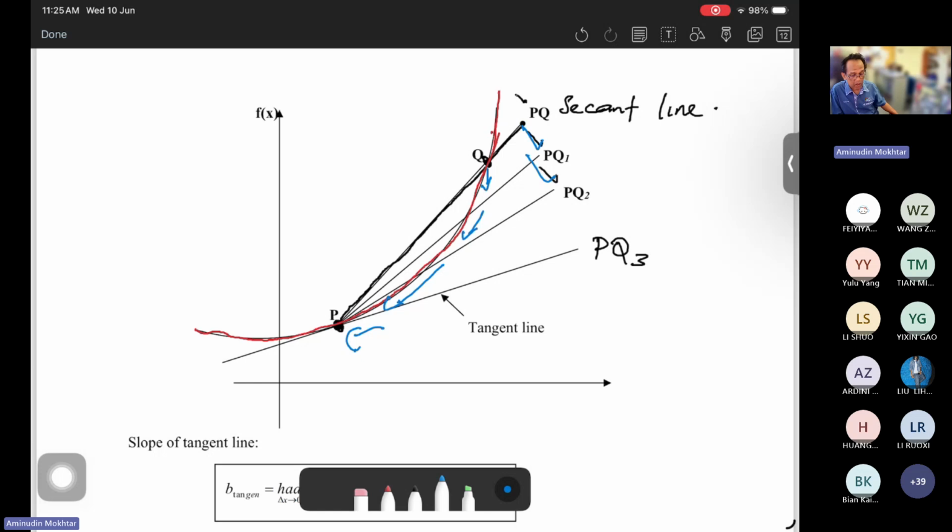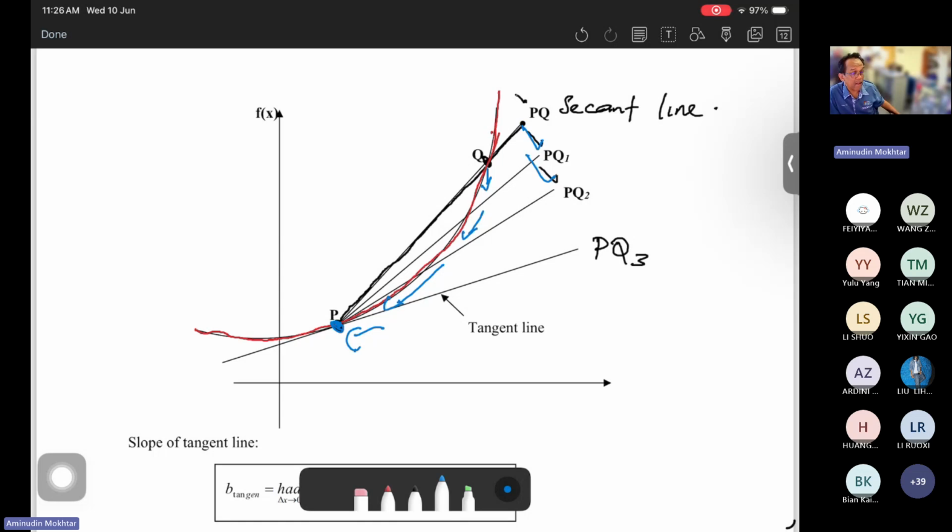And then when we reach point P, we can draw one line, let's say line PQ3. This line only crosses the curve at point P, only at one point. In other words, PQ3 does not cross the curve.